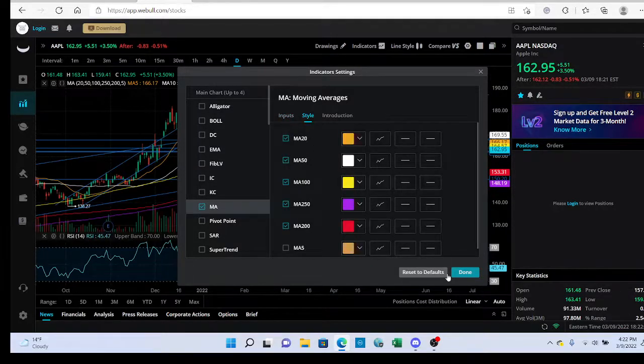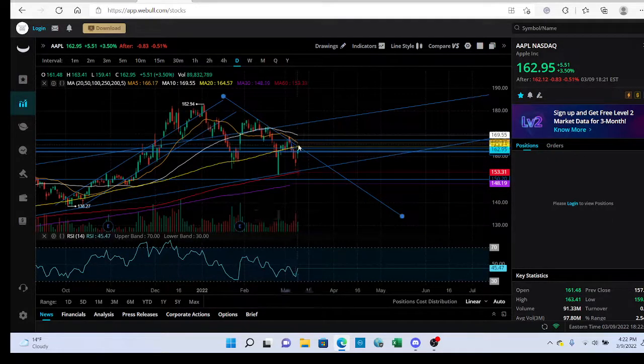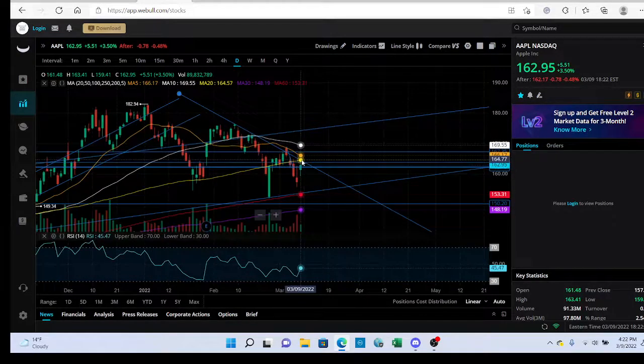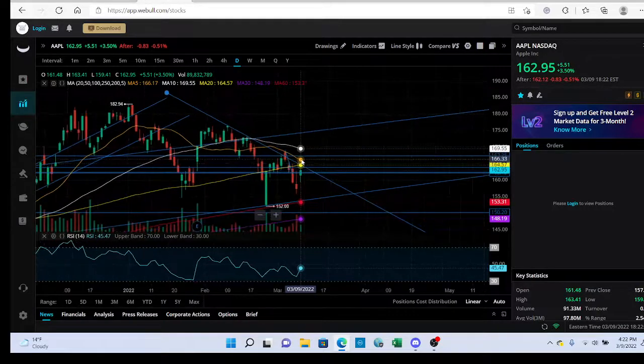Yeah, I guess maybe that was a glitch. Let's look again. I guess for some reason on Webull, my moving averages are kind of messed up, but I'll just talk through it anyways. So this yellow line should be the 100-day moving average, not the 20-day moving average.